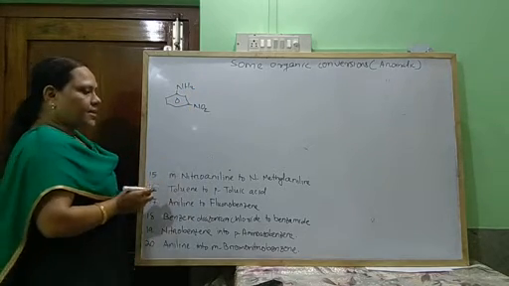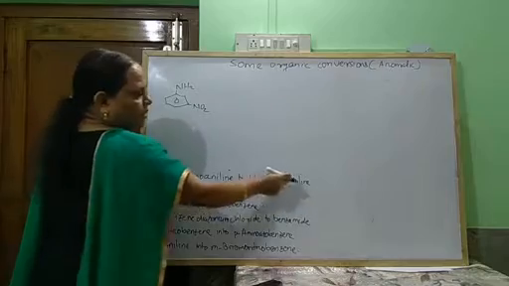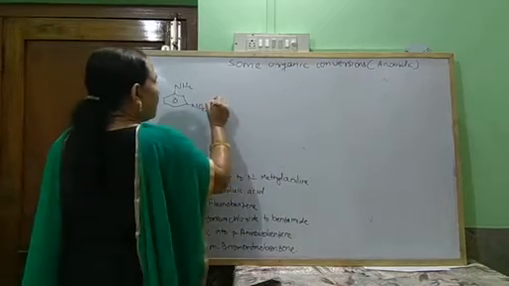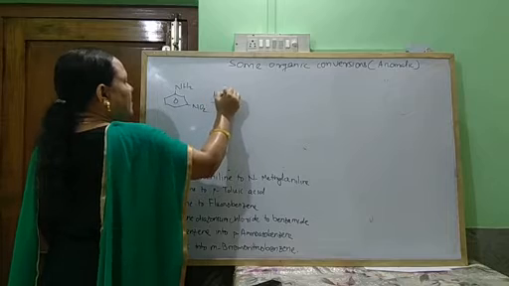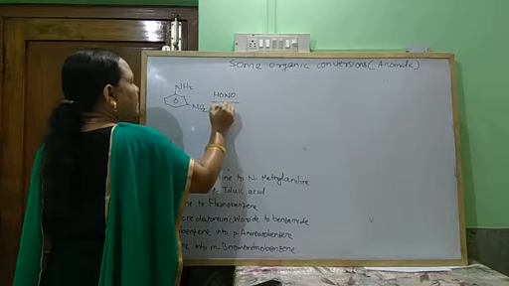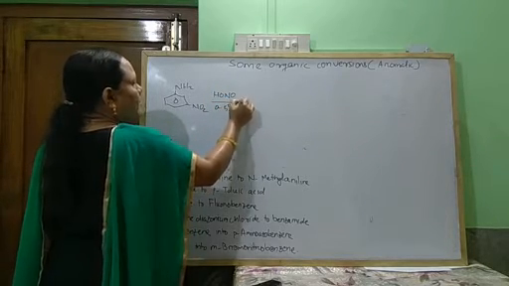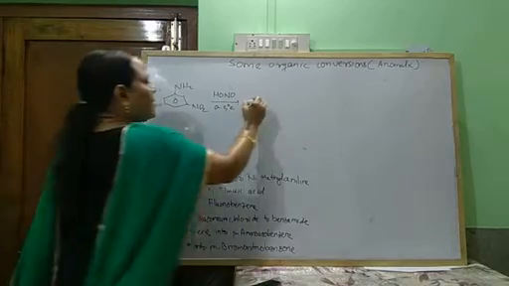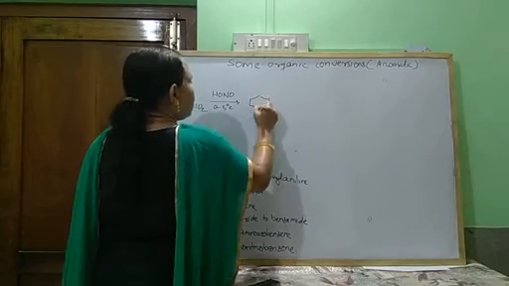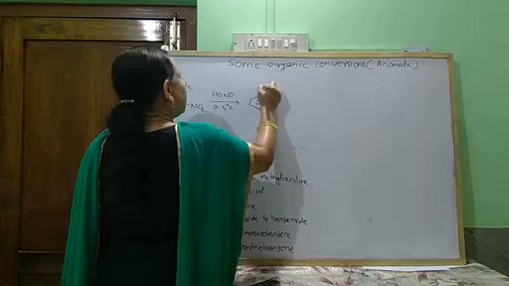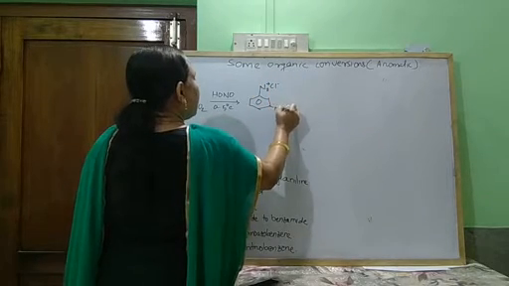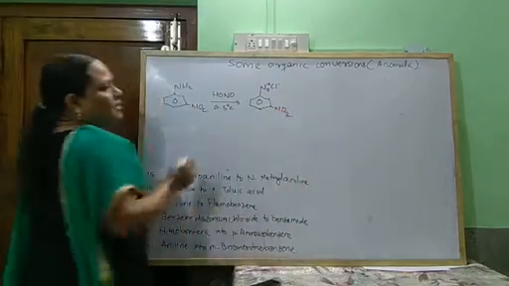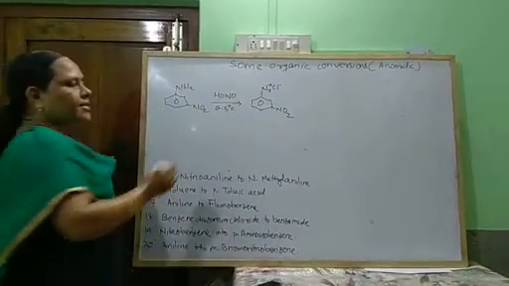So first this NH2 group is treated with nitrous acid at 0 to 5 degrees Celsius. What it forms? It forms meta-nitrobenzene diazonium chloride.